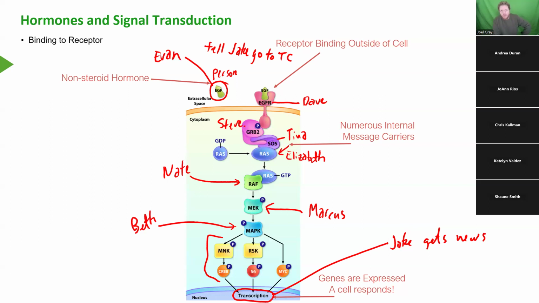This message stays outside of the cell, or the messenger stays out of the cell, because all that it does is stimulate a protein, a receptor protein. So this R, that's the thing that I want you guys to remember, a receptor protein.